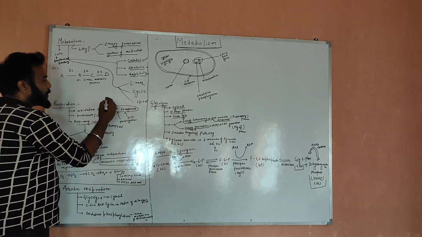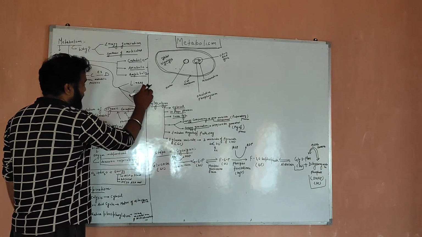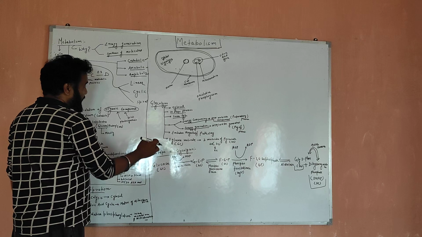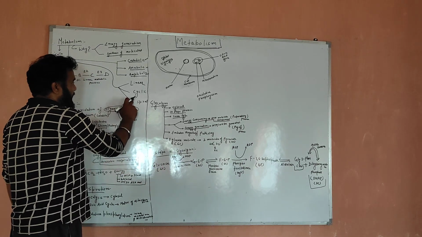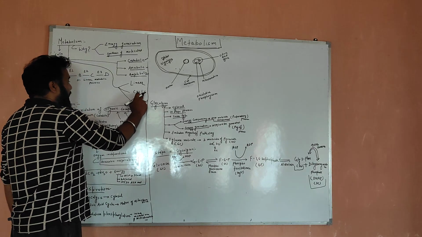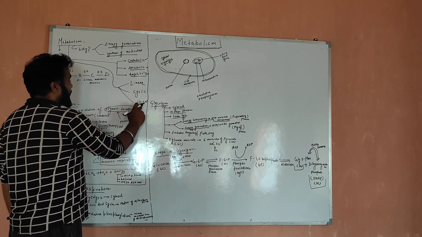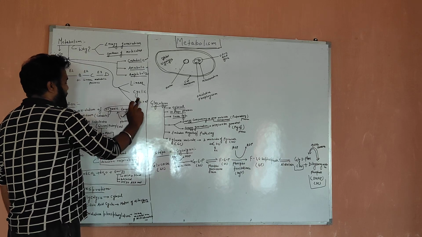An example of a linear metabolic reaction is glycolysis, which we are going to discuss further in this lecture, an example of a cyclic reaction is the Krebs cycle or citric acid cycle, and in the case of spiral, fatty acid synthesis occurs in the form of a spiral metabolic process.